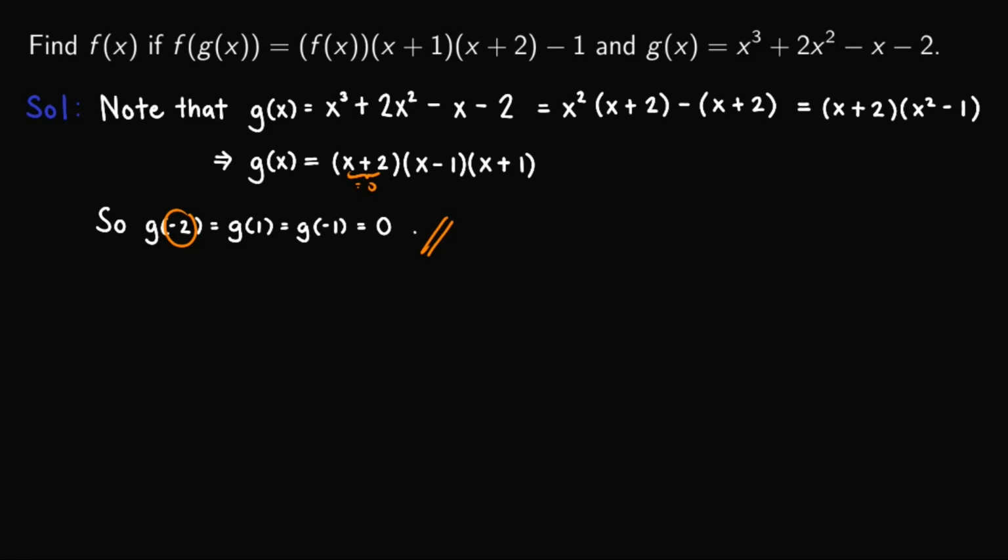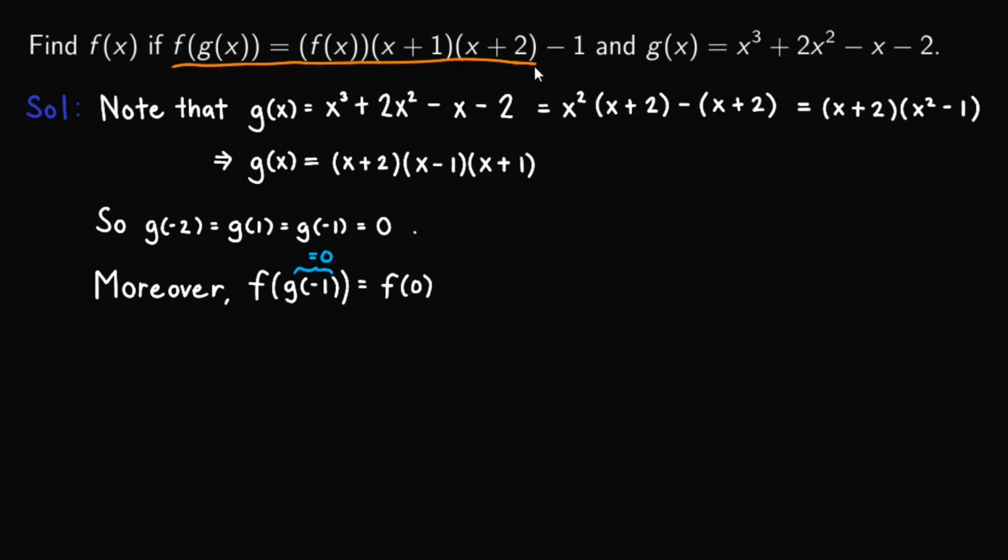Now, moreover, take note that f of g of negative 1, we know that g of negative 1 is equal to 0. So we have this to be 0, and so this is just equal to f of 0. And then we apply this given equation out here into x equals negative 1. So if we do x equals negative 1, this becomes negative 1, negative 1, and negative 1.